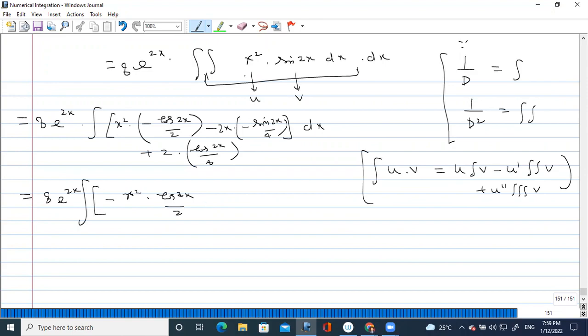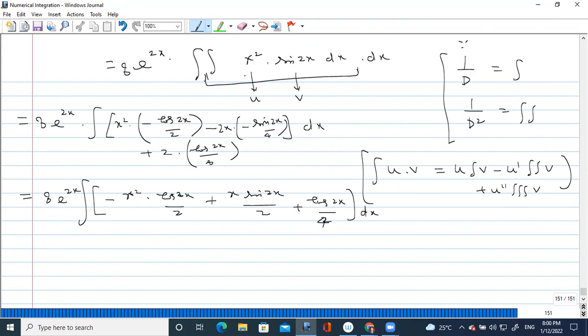Minus minus will become plus, 2 to 2 cancel, it will be x sine 2x by 2. And again 2 to 2 cancel, so it will be cos 2x by 4 plus cos 2x by 4 dx.